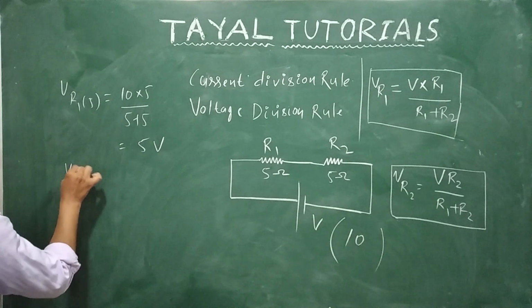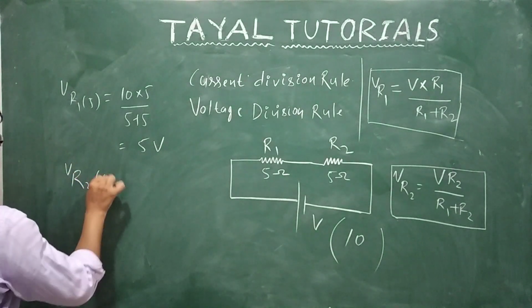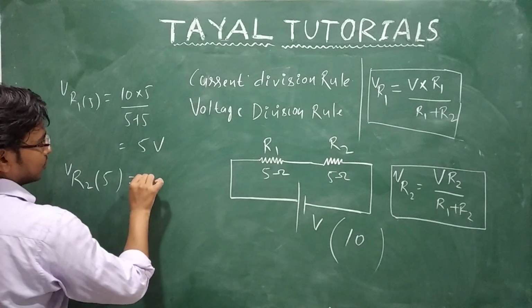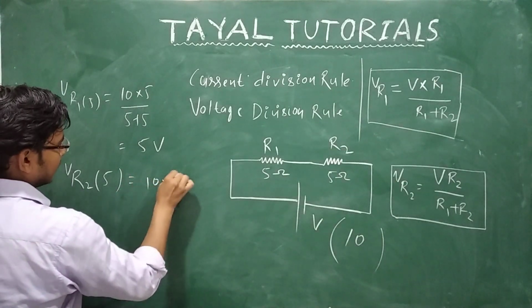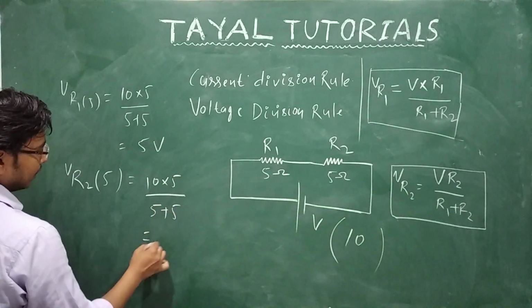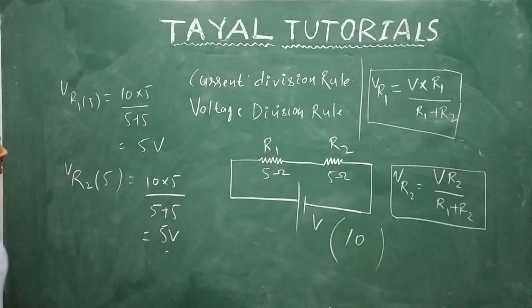Similarly, voltage across R2, that is your 5 ohm, will be V into 5, meaning 10 into 5 divided by 5 plus 5, that will again be 5. This is your voltage division rule.